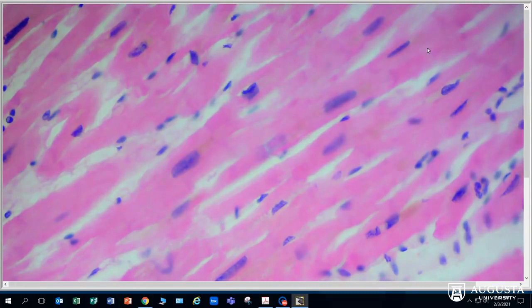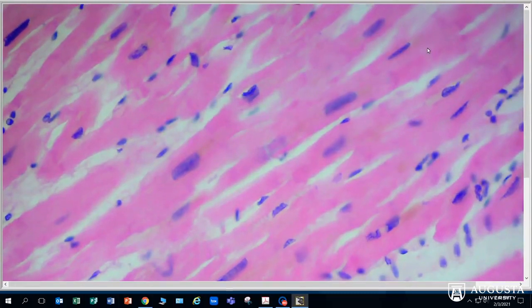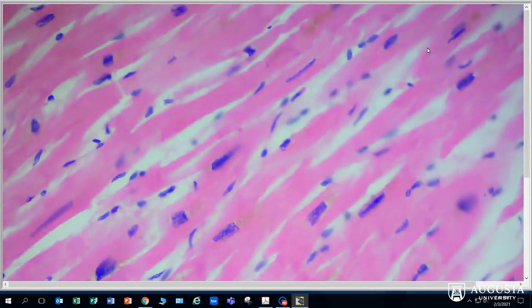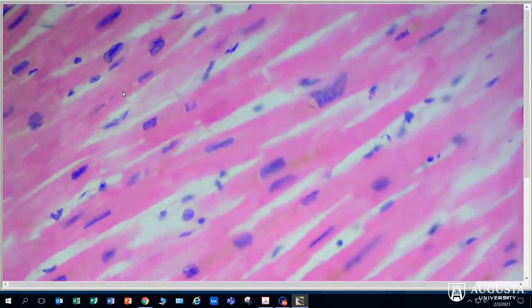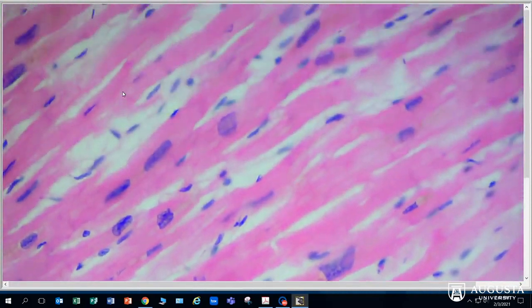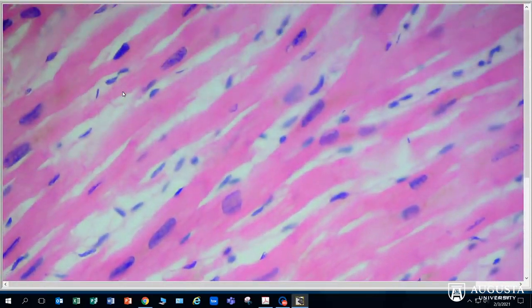We see another one right here, and I will try to move us to a different area so that we might be able to find more intercalated discs. So here's another one, and this is a junction between two neighboring cardiac muscle cells. Here's a beautiful intercalated disc that's nice and darkly stained.